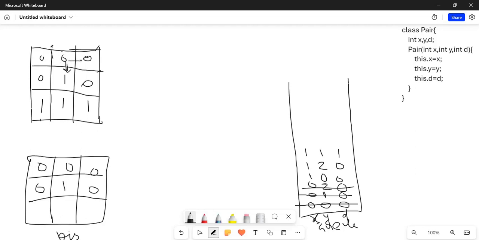Let's try the right direction, but here the cell value is 0. 0 means already done, so we can't do anything. We have to act only if the cell value is 1 and the cell is unvisited. Then only you can make a solution, that means we fill visited and put it in the queue.